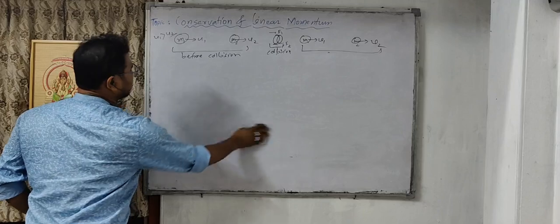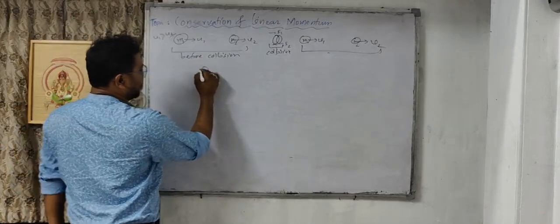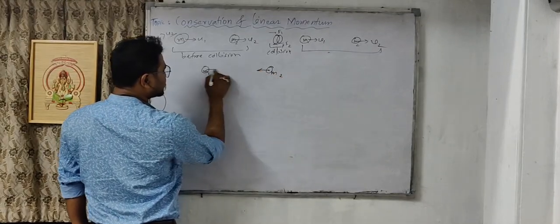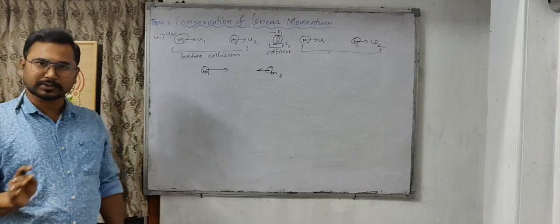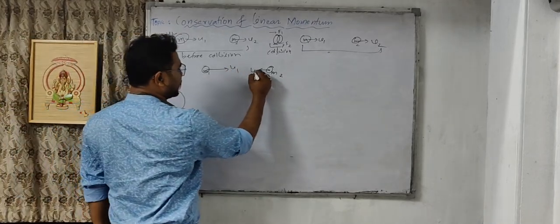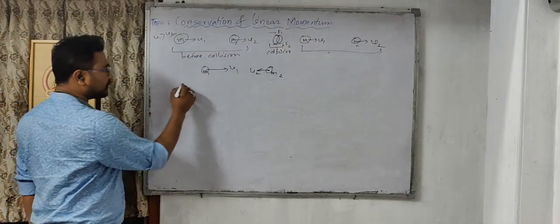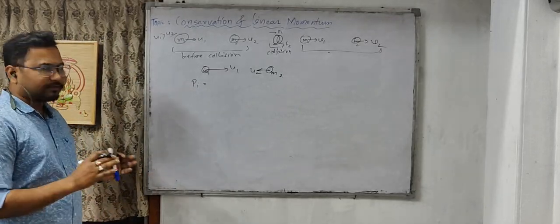Now I am showing one very simple thing. Suppose M1 and M2 are moving opposite to each other with velocities U1 and U2. In that case, for the initial momentum, please concentrate very carefully.